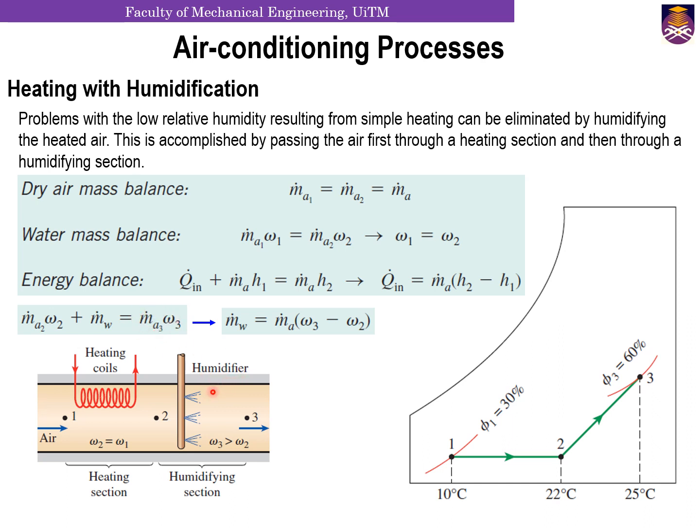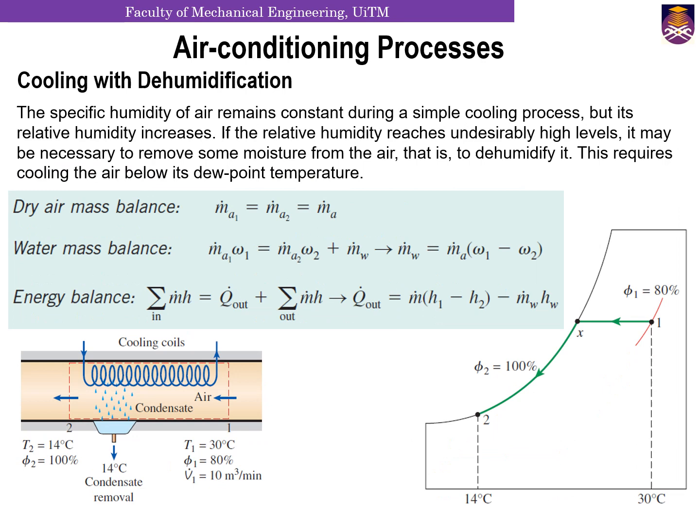So if you want to know how much water vapor is being introduced by the humidifier, you can rearrange this, and that will give you m dot A times omega 3 minus omega 2. And this will give you the amount of water moisture that is being injected into the air conditioning process. So that is for heating and humidification.